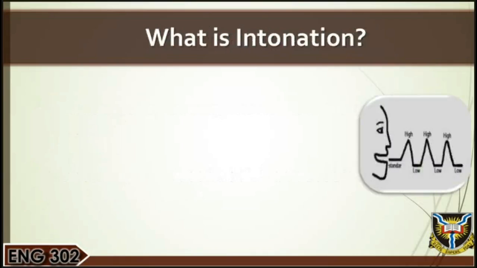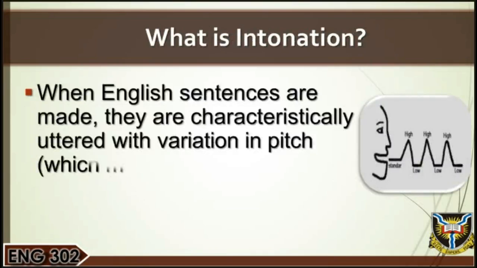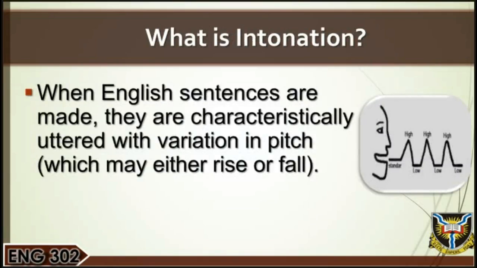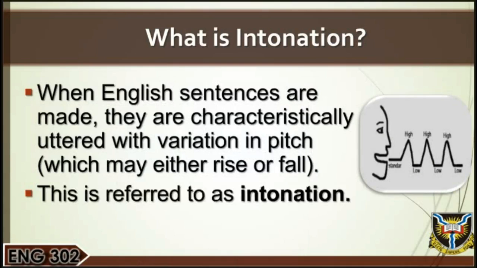1. What is intonation? A very vital characteristic of spoken language is the musical pitch of the voice. When English sentences are made, they are characteristically altered with variation in pitch, which may either rise or fall. This is referred to as intonation.